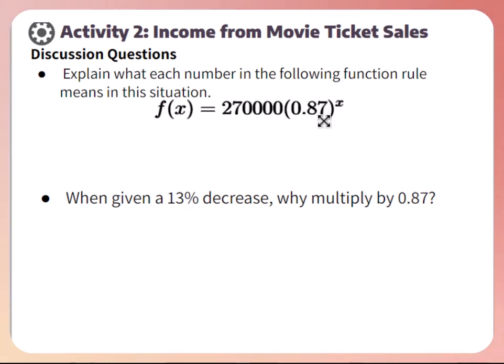Each time, this is going to be the amount that's remaining. When given a 13% decrease, why do we multiply by 87%? It's because when we're decreasing, we have to subtract this from 1. In this case, percent, subtract from 100.